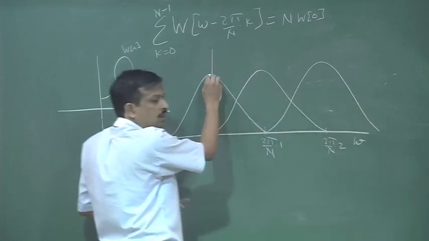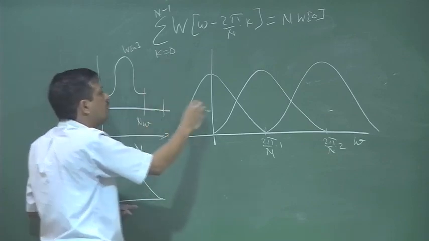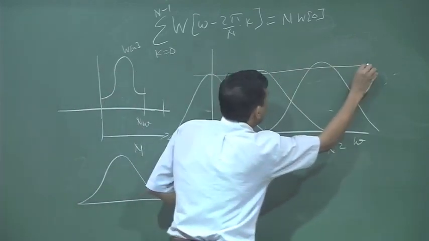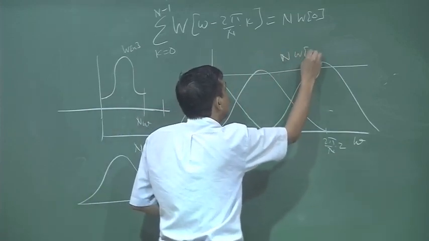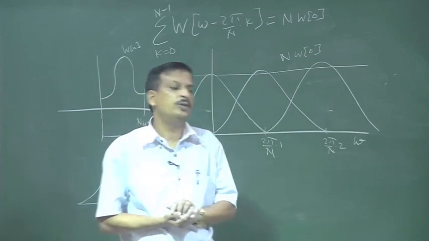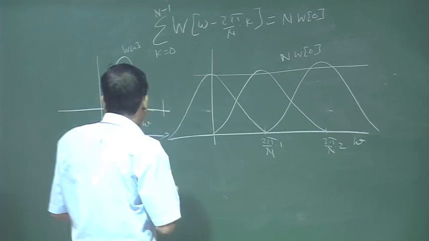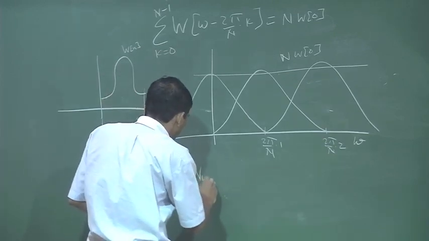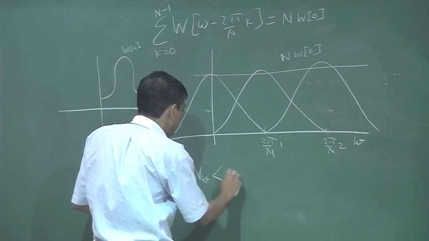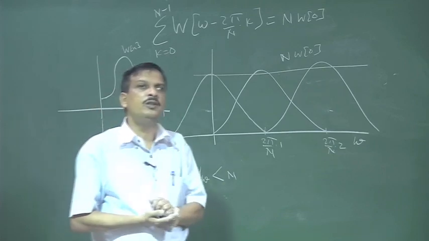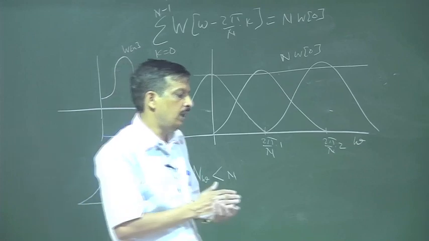So, the summation of the frequency response of the analysis filter should sum to a constant. So, if I sum it, it should give me a constant which is nothing but N into W0. Okay. So, what is the FBS constant? That the analysis window must be less than the length of the DFT or number of channels. Okay.